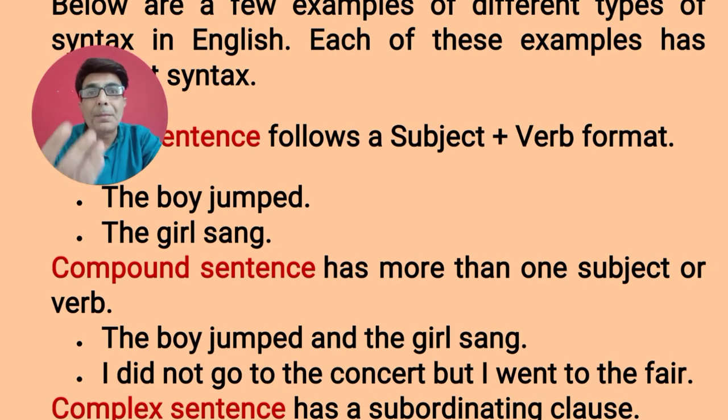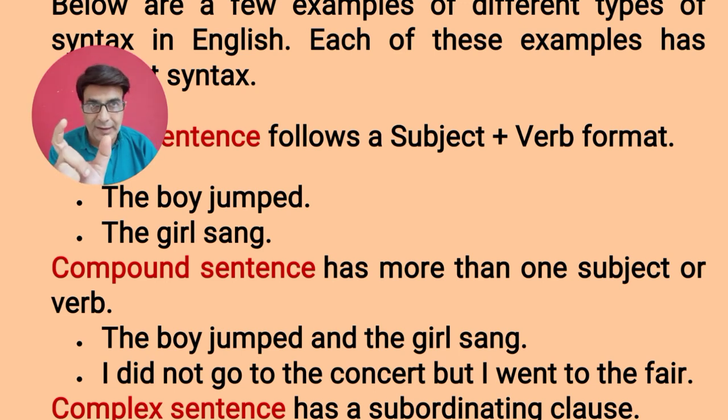There can be a compound sentence in English. A compound sentence has more than one subject and more than one verbs. Okay, so two different simple sentences are joined together. It makes a compound sentence. Say for example, the boy jumped.